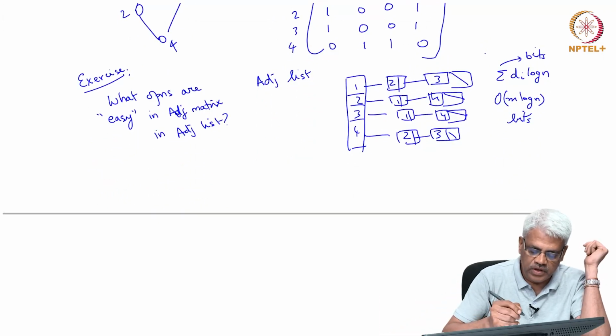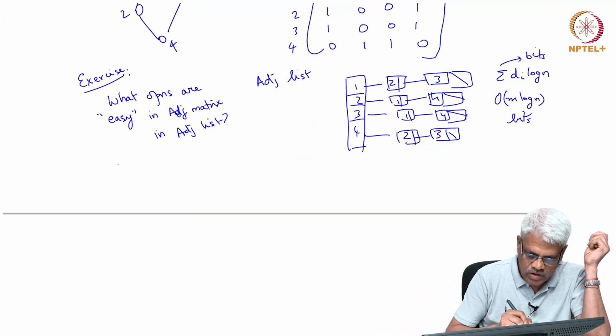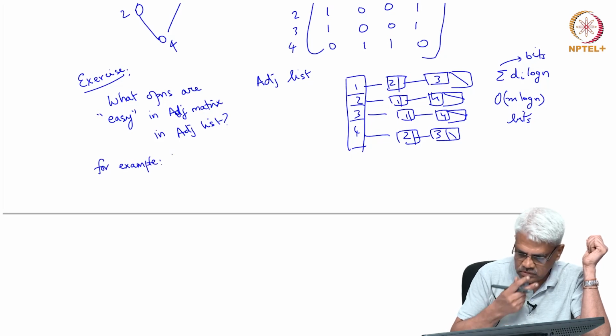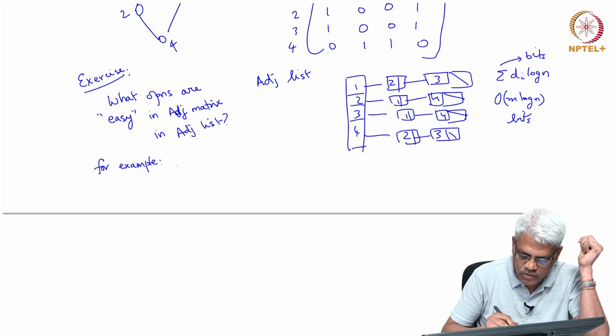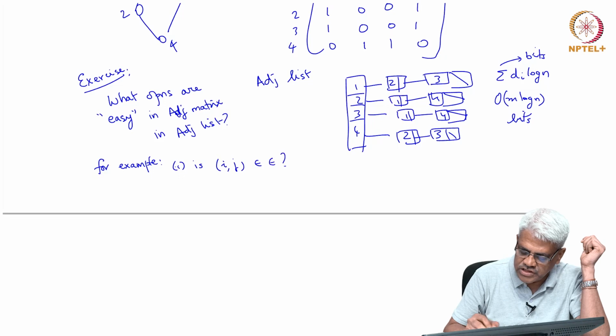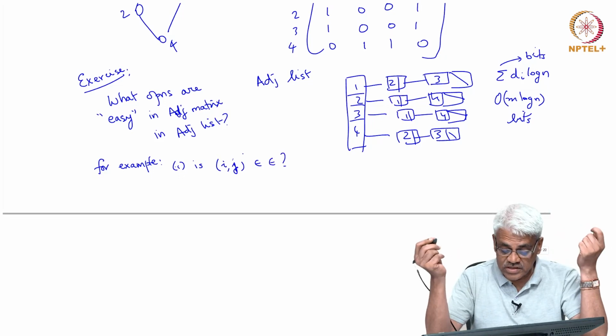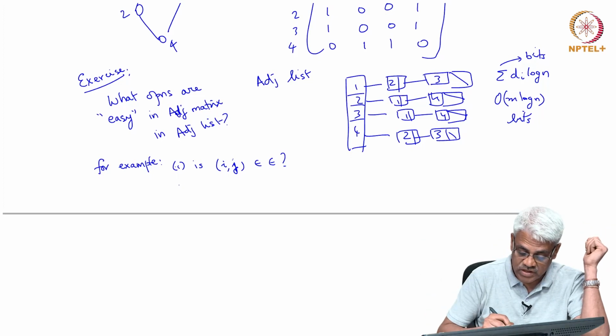For example, I'll give you two problems. Is (i, j) an edge? Find out how much time it takes in adjacency matrix and how much time in adjacency list. And to find all neighbors of i.